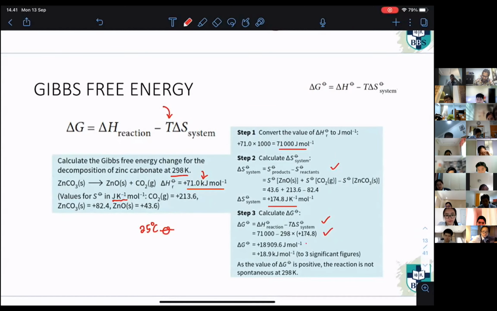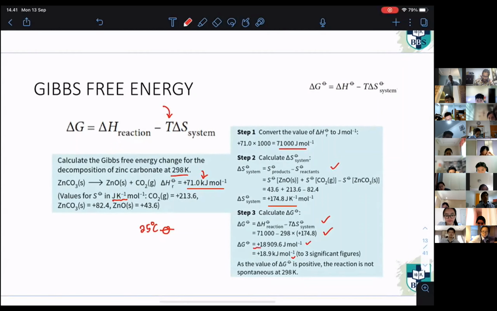It's fine to leave it in joule, it's also fine to convert into kilojoule, up to you. But what is important over here is the sign, not the unit, the sign. If it is positive, what does it tell me? Gibbs free energy must always be negative in order to be spontaneous.